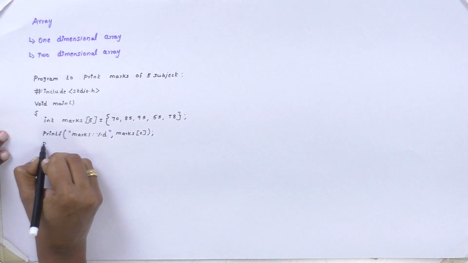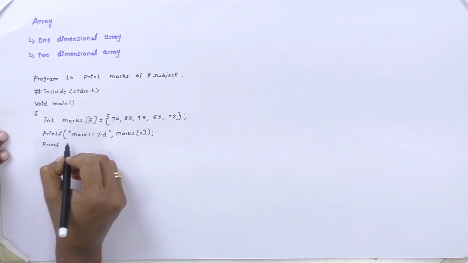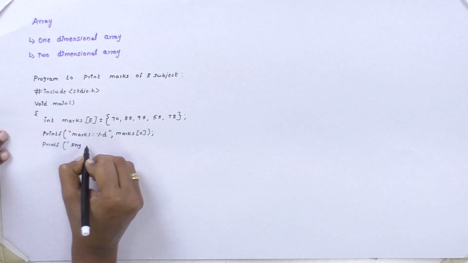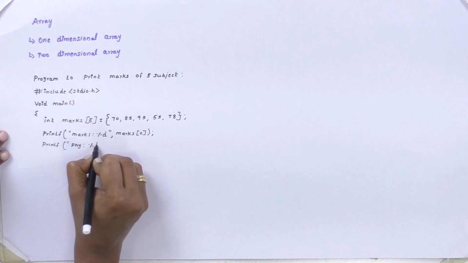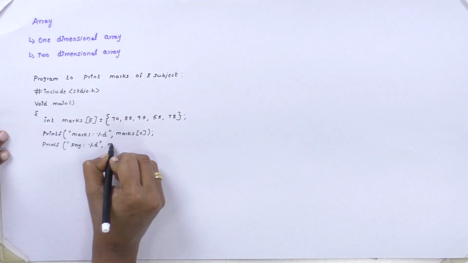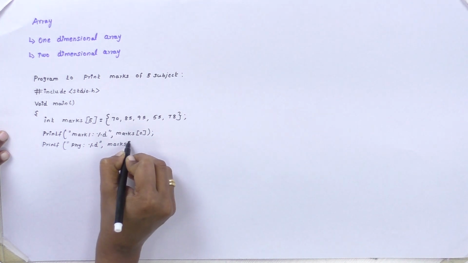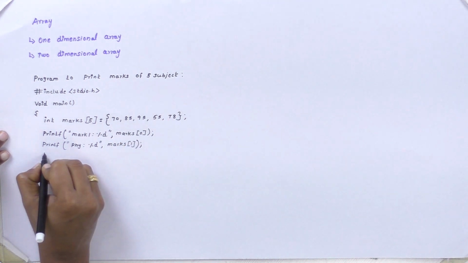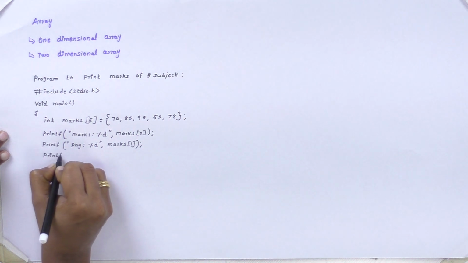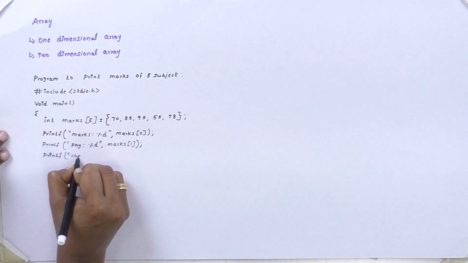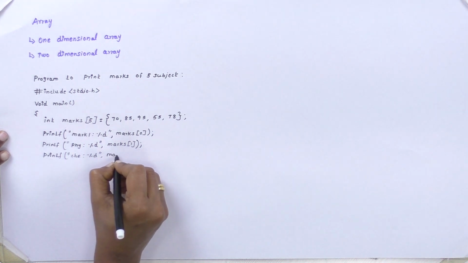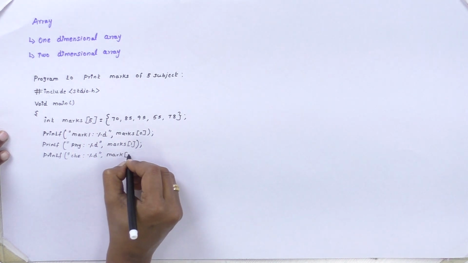Next printf statement, for example physics mark. So it is marks of 1. So it accesses the value 85. Next printf chemistry, marks of 2.